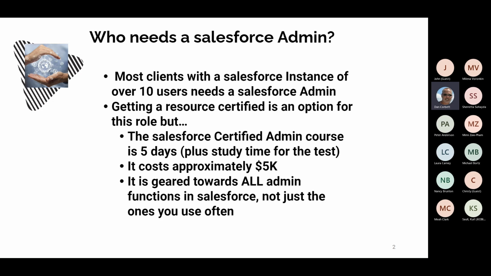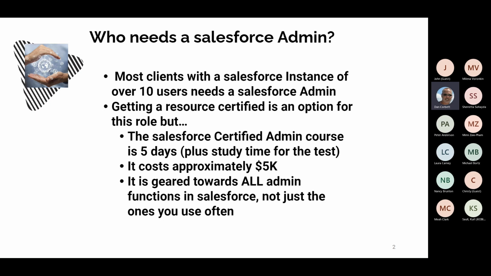Stuff like setting up MFA, which you do exactly once, or setting up Einstein Activity Capture, which you do exactly once. Assigning permission sets happens as new users come in, but isn't a constant thing. All of that is built into the course, and some of it is not needed all the time.